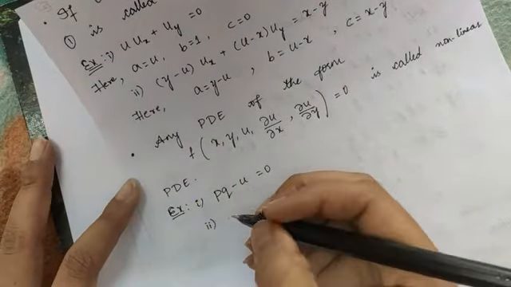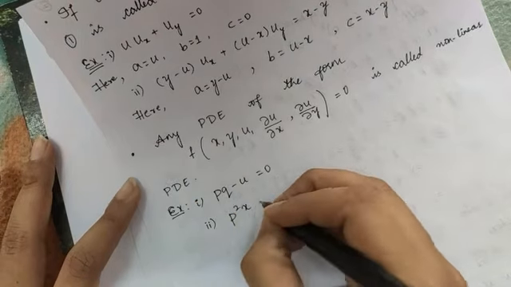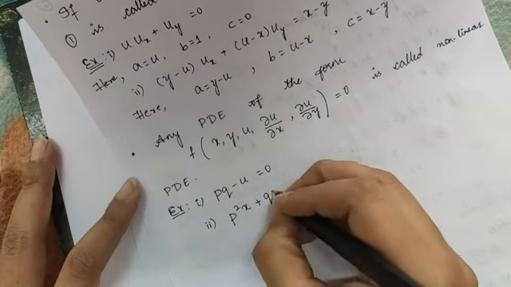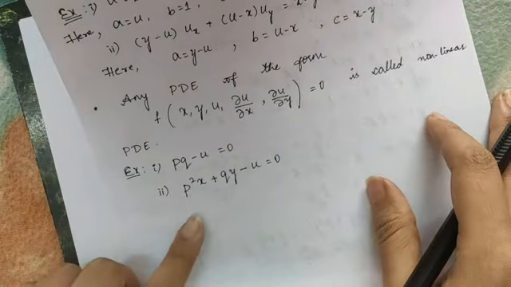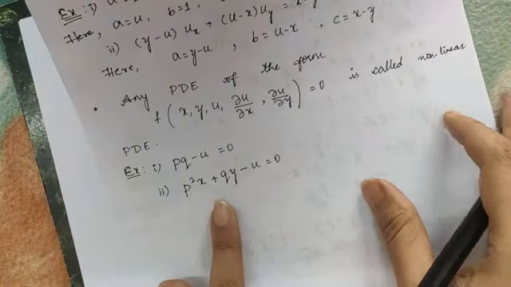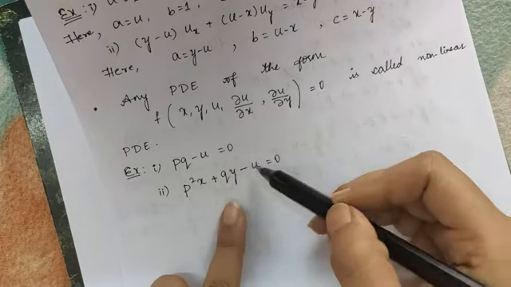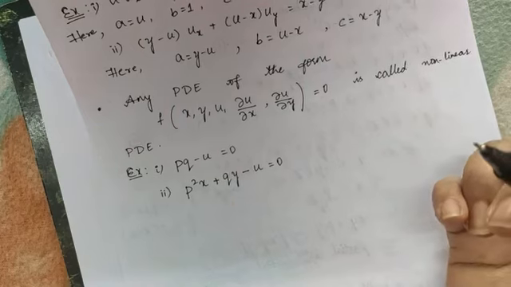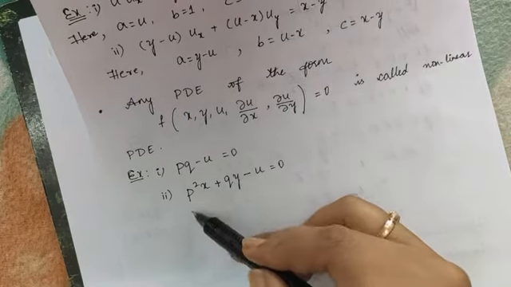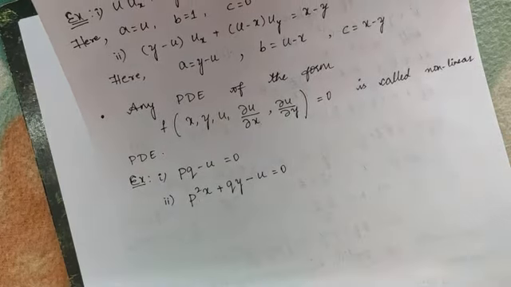One more example is p²x + qy − u = 0. Even in this example we have x, y, u, ∂u/∂x as well as ∂u/∂y. Also we have a second power, right? So this is an example for a non-linear PDE. This is nothing but your classification of partial differential equations.